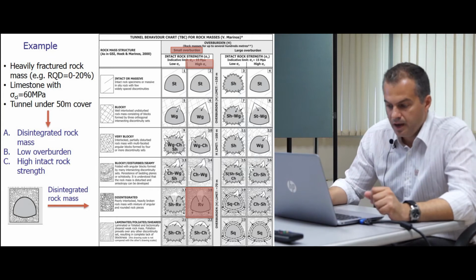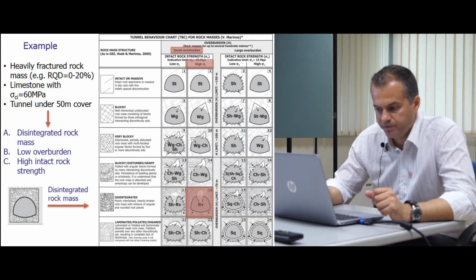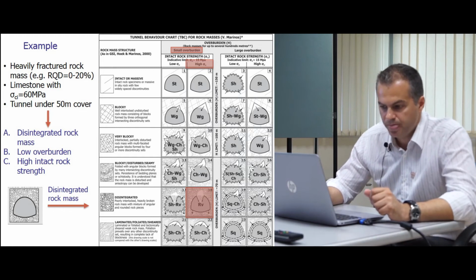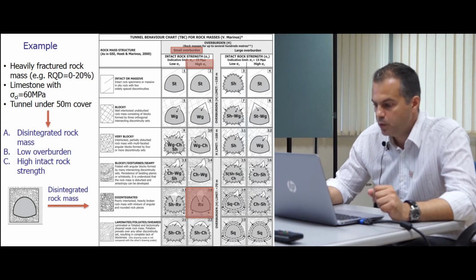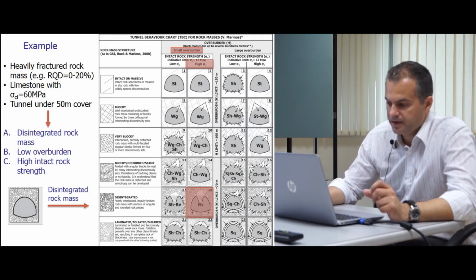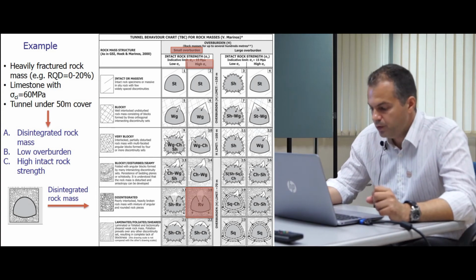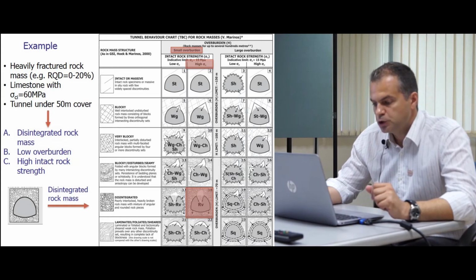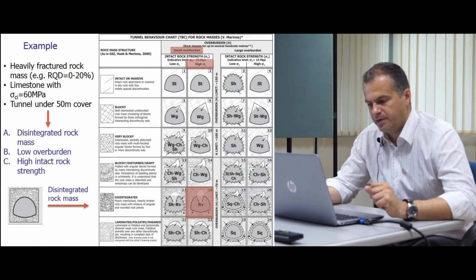So we will be in a poorly interlocked, heavily broken rock mass with a mixture of angular and rounded rock pieces. We will have low overburden and a high intact rock strength. So we will lie in the case of 18 box. Raveling ground we will have under these conditions. So the support measures should be based on this behavior.